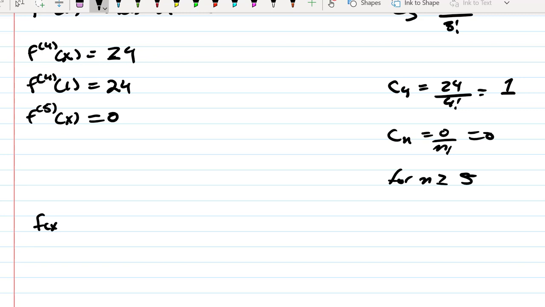Well, f of x was equal to x to the fourth minus 4x cubed plus 6x squared minus 4x plus 1.